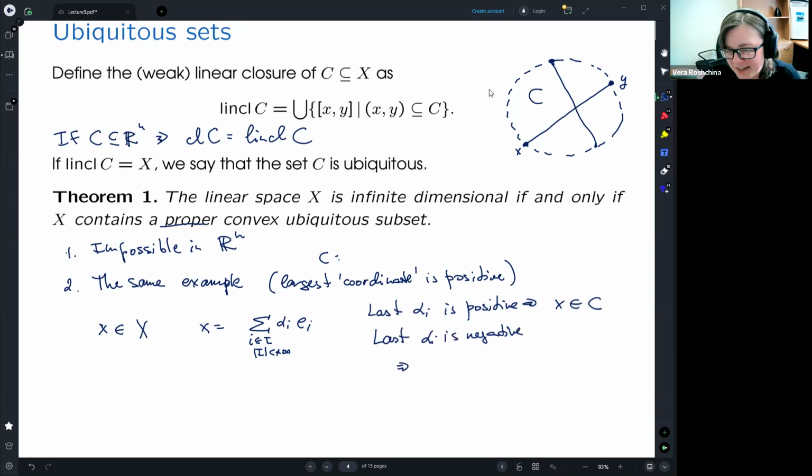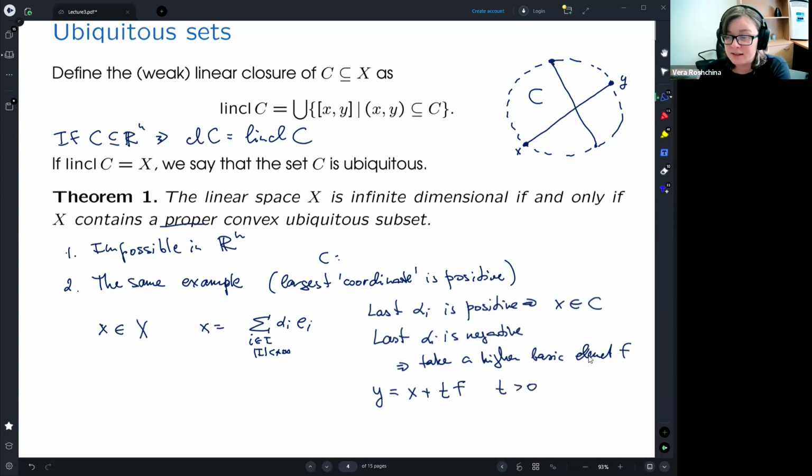Then we can take some higher element from the basis, f. And then we take y that equals x plus t f, with positive t. So then this will be in C. And of course, as t goes to 0, we'll get x.